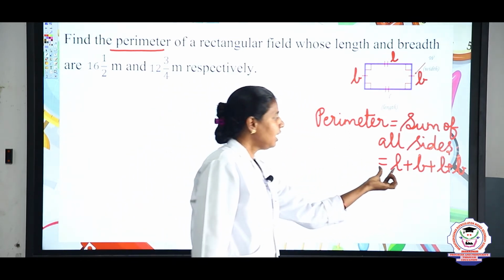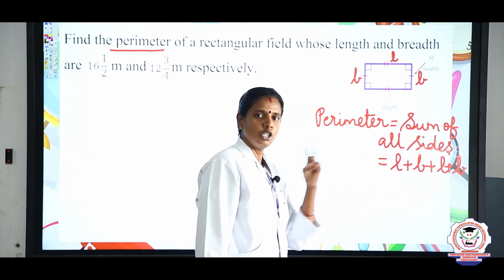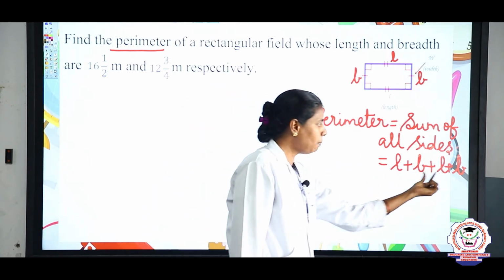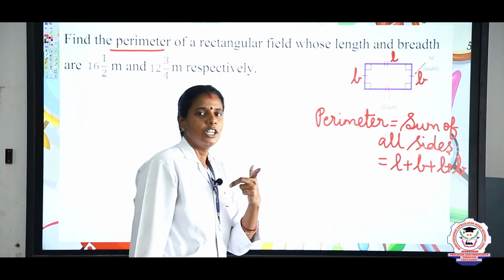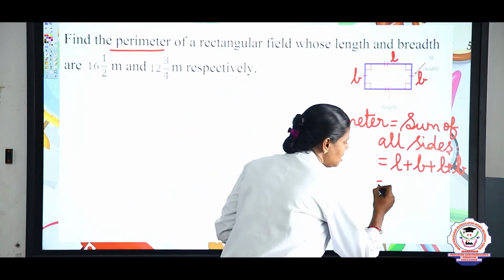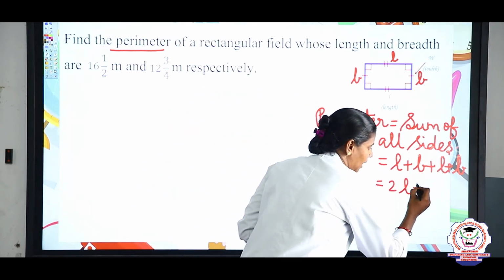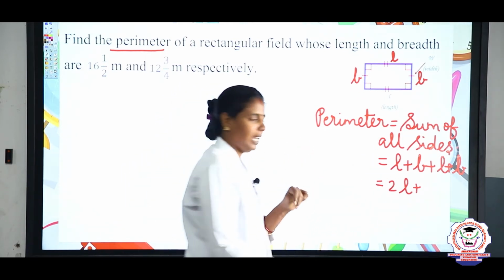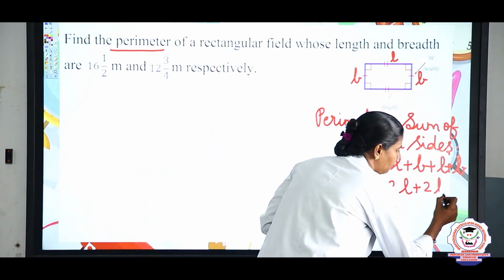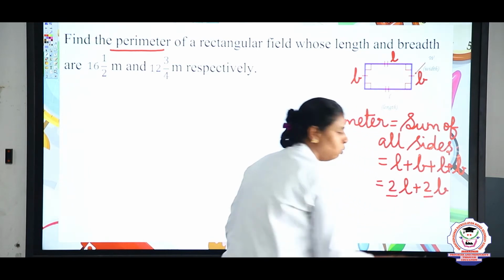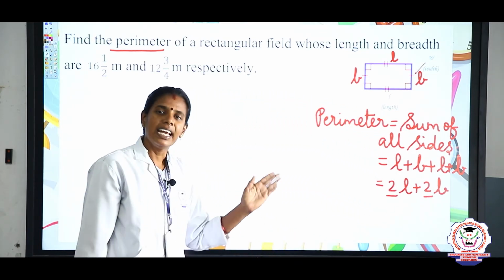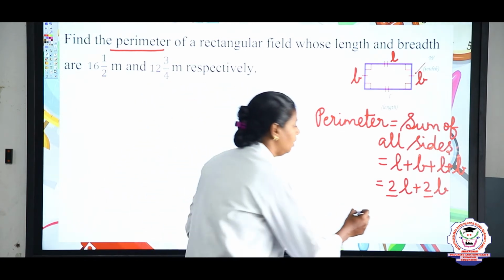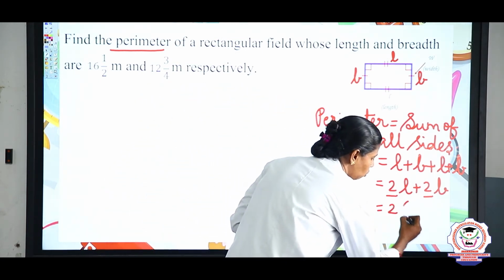See here how many L are there? 2 lengths are given, and how many breadths are here? 2 breadths. So length L plus L is 2L, plus breadth plus breadth, that is B plus B, that is 2B. Here 2 and 2 are common, so we can take 2 commonly.